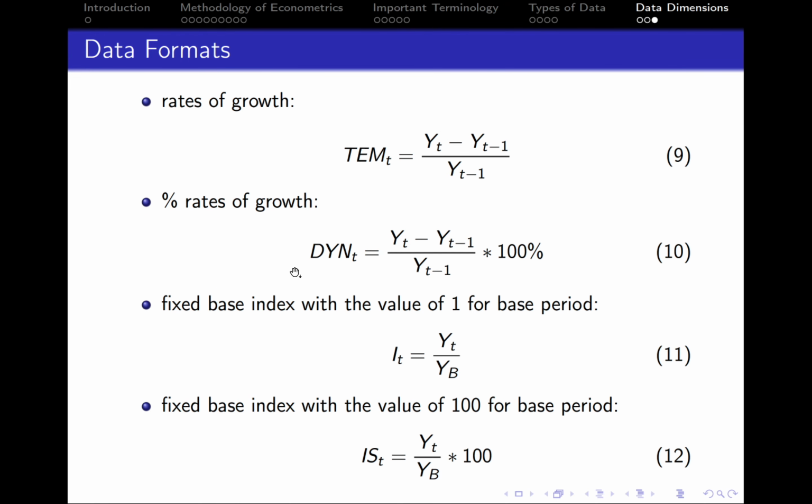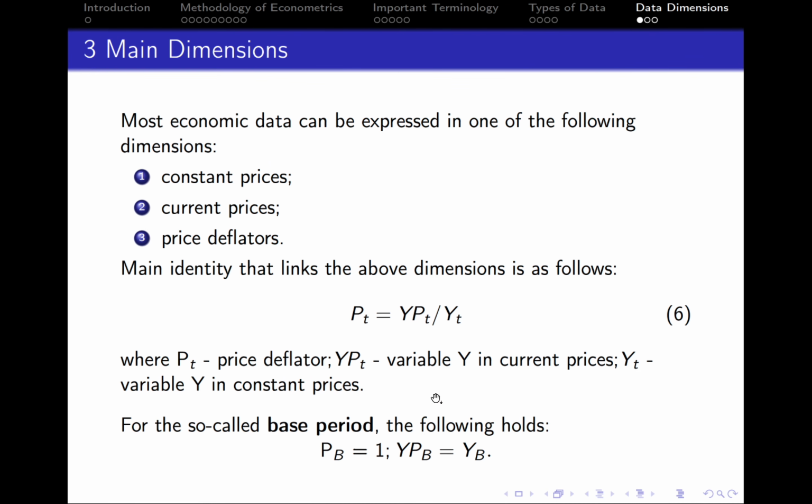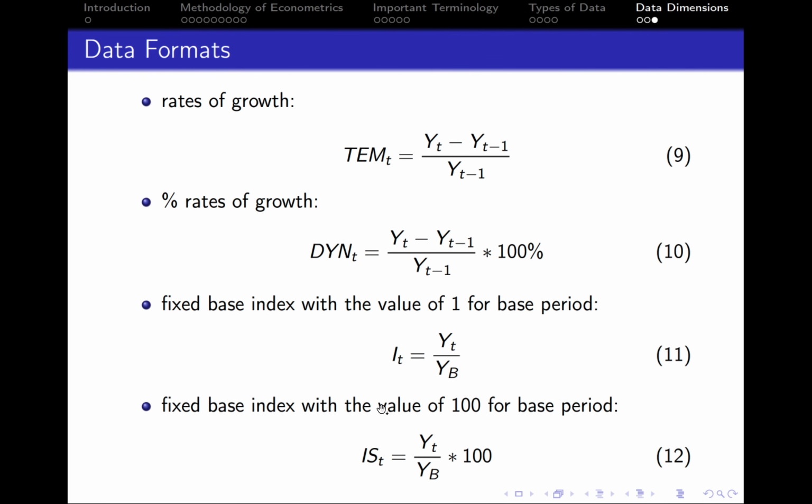There is another type of index that also exists, and I think that you might even see in one of the databases. It's called fixed base index with the value of 1 for base period. So we already discussed what a base period is. This is when price deflator is equal to 1 and variable in constant prices is equal to its value in current prices.